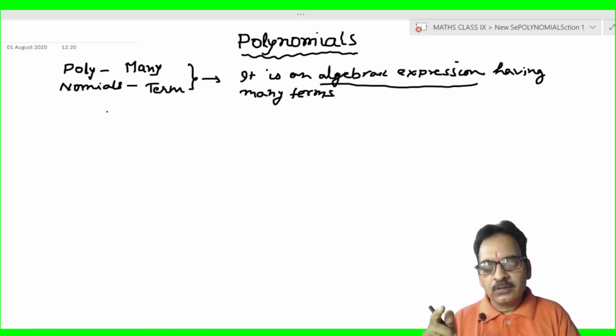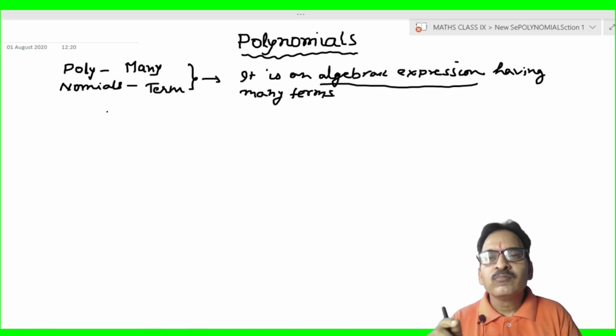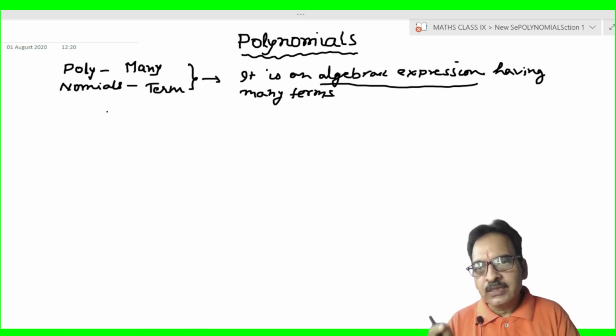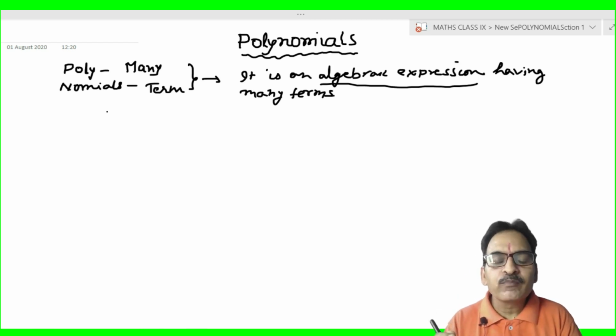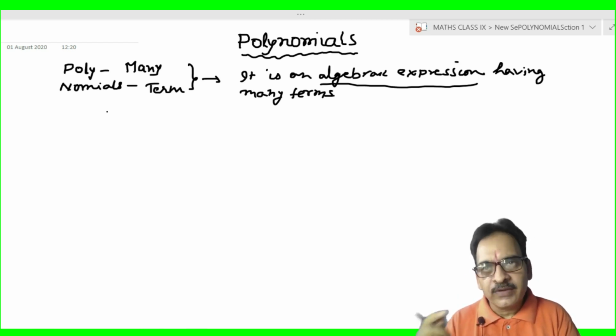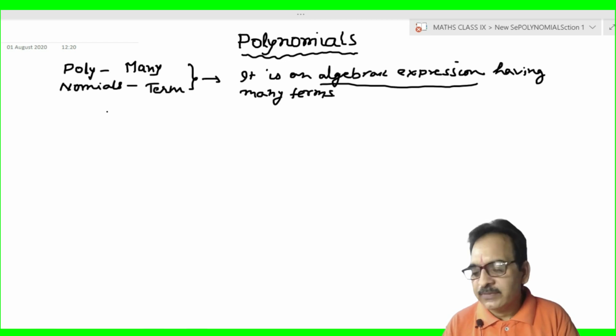So numbers are the constant values since they are fixed, and the letters which you are using, those are your variables, because they can take different values in different situations. So a combination of numbers and letters along with the fundamental operations like plus, minus, into, division all together is known as an algebraic expression. So any algebraic expression is termed as polynomial.